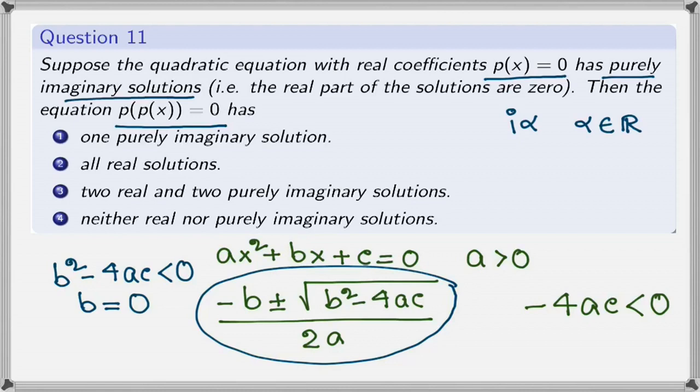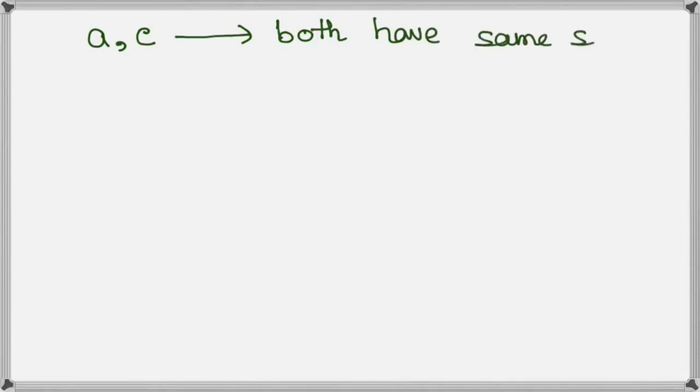So therefore we have b is equal to 0. So we have here ac is strictly bigger than 0. That means we have a and c, both of them have same signs.